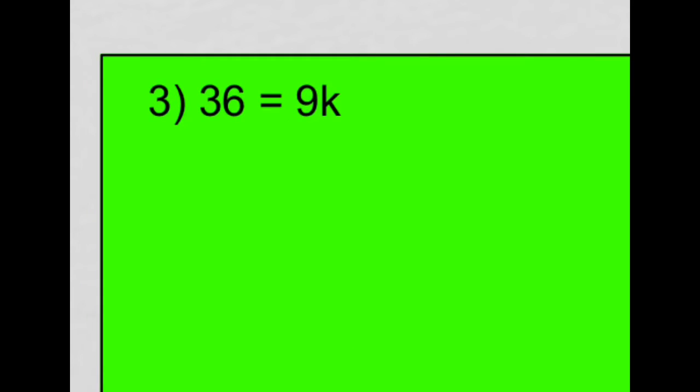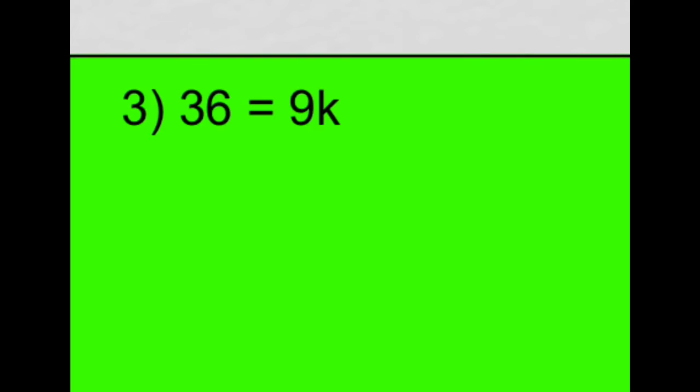36 equals 9k. Now, exact same kind of question. The only thing that's different here is the variable is on the other side of the equal sign, but we still do everything exactly the same. This time, beside the variable is a multiply by 9. The opposite of multiply by 9 is to divide by 9.